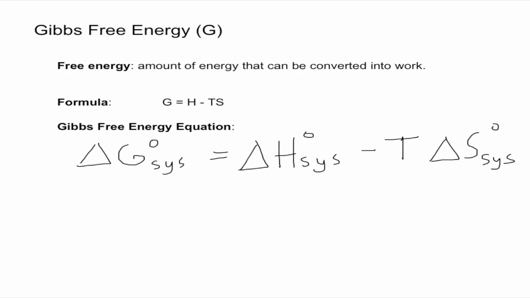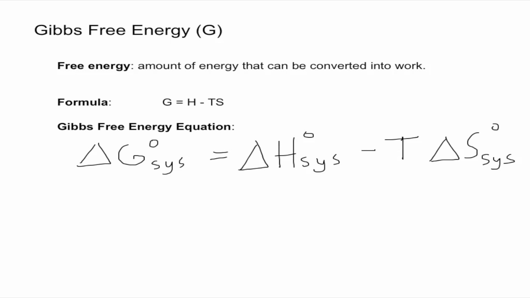And that gives us the equation called the Gibbs free energy equation. The change in the Gibbs free energy, denoted by ΔG, in the system, of course, is equal to the change in enthalpy minus the temperature times the change in entropy.